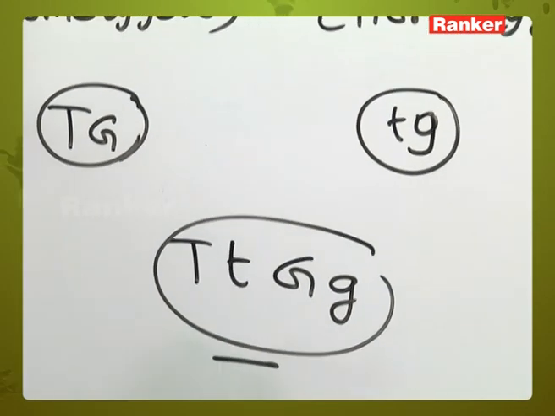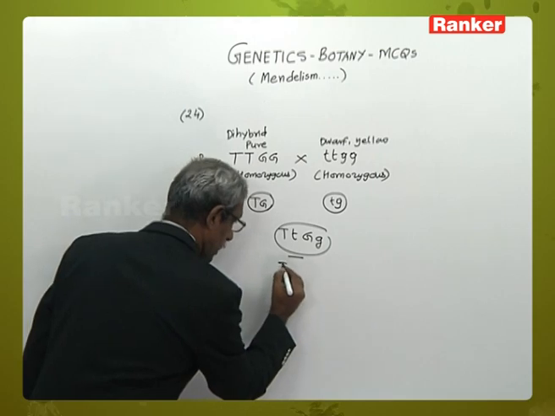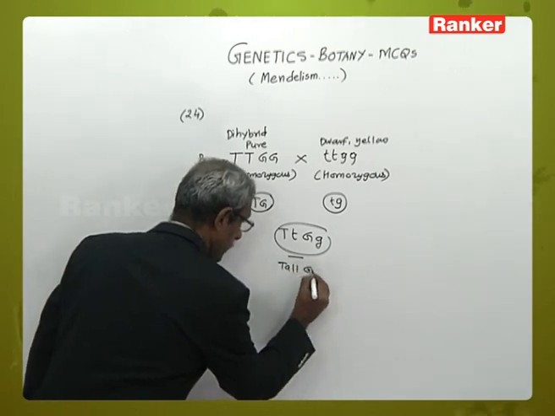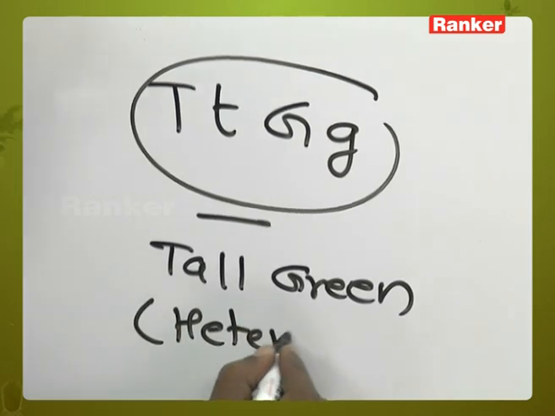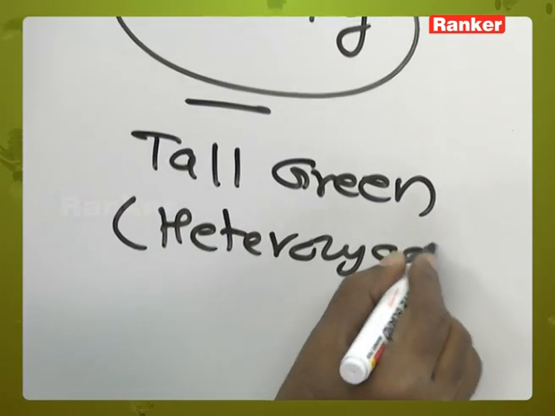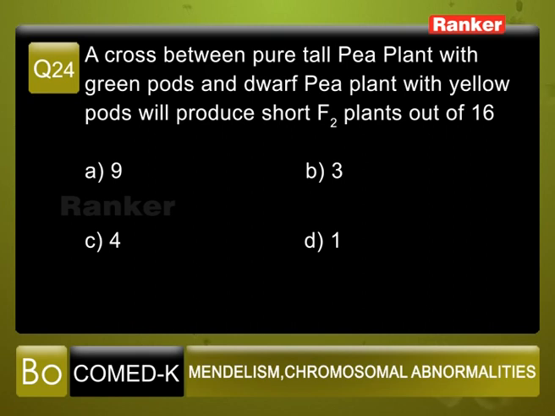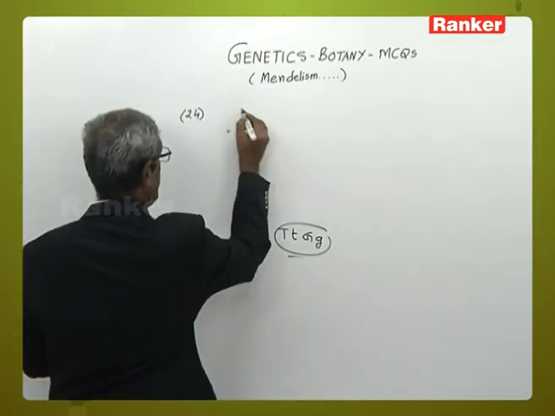This is the F1, which is tall, green, heterozygous. The question which is asked here is, how is the combination of the F2? So we are doing F2 analysis.